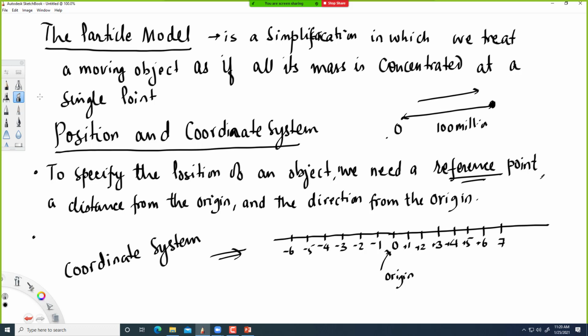If I move this way, then for you it's negative 1 meter, negative 2 meters. But it depends on observer to observer. So measurement is totally subjective. For me it's positive 1 meter, but for you it's negative 1 meter. It's not fixed. It depends on who is measuring the position.